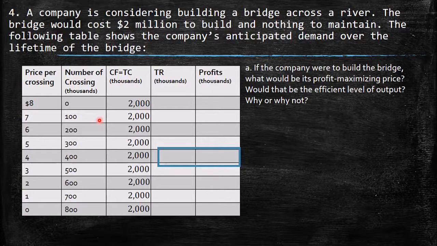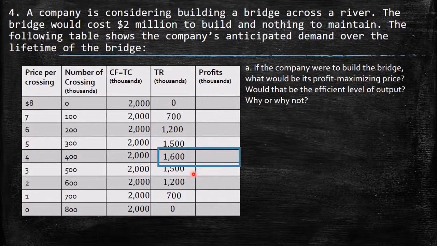So here we have the 2,000. Then, which is going to be the revenue? It's going to be price times the quantity you sold. So this one is going to be 8 times 0, 7 times 100, and then we have again in 1,000. So here we have the total revenue, which increases, and then it starts to decrease after the price goes to 3.